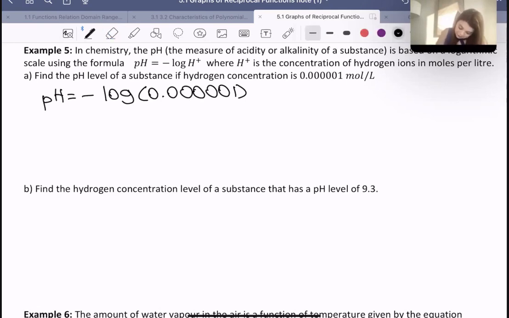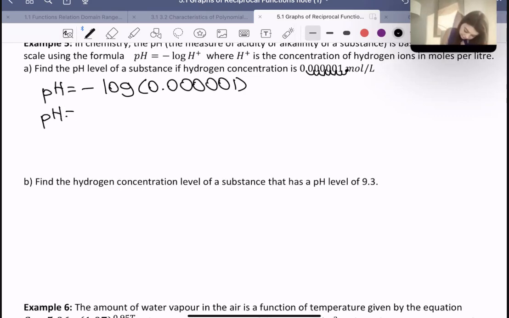Yeah, because we'd have to go 1, 2, 3, 4, 5, 6, 7 to get it back to just regular 10. So 10 to the power of negative 7, therefore, would be 0.0000001. So therefore, the answer is negative 7. And therefore, the pH would be 7, because minus negative 7 is just going to give us regular 7.